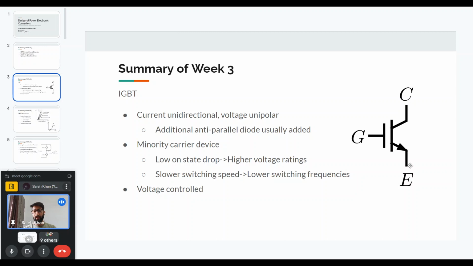So that is why we are able to go to higher voltage ratings, because as the voltage rating of the semiconductor increases, you can basically crudely think about it that the semiconductor portion is increasing. And if the on-state drop is less, you can have a higher portion of the semiconductors so that we can block higher voltages, but the drop will not be that much.